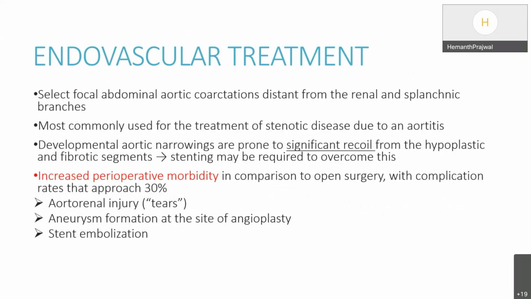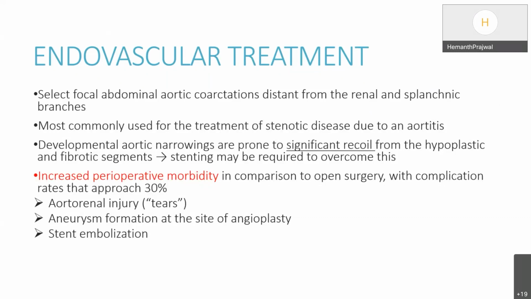The endovascular modalities in these situations are only select, where there is select focal abdominal coarctation distal from the renal and splanchnic branches, and they are not involved, and is most commonly used in treatment of stenotic diseases arising due to aortitis.